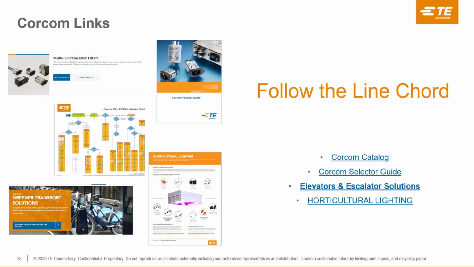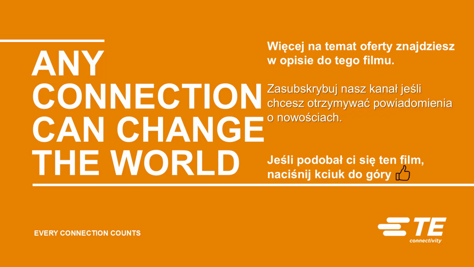There's the elevators and escalators solutions link for the images that you saw, to help refresh your memory if you want to think about whether it's three-phase or single-phase, where would that go? Because overall in motion control applications, there's a control cabinet either on or away from the device that's controlling the motion. And then there's the horticultural lighting cheat sheet, which shows some other products as well, but particularly a lot of the lighting filters, like the FBH series. And I think that's the end of my presentation.